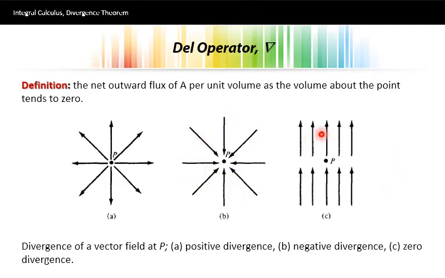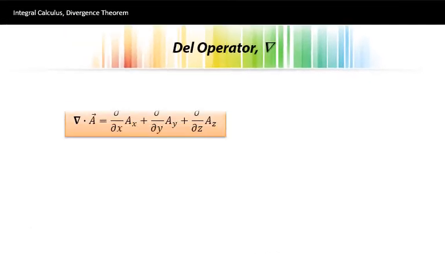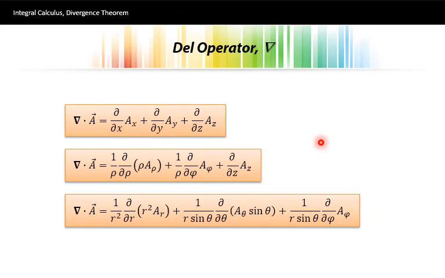And finally, the divergence is zero in figure C. In this slide, you see the representation of the divergence of vector A in three different coordinate systems. The first one in Cartesian, the second in cylindrical, and finally the third in spherical coordinate systems.